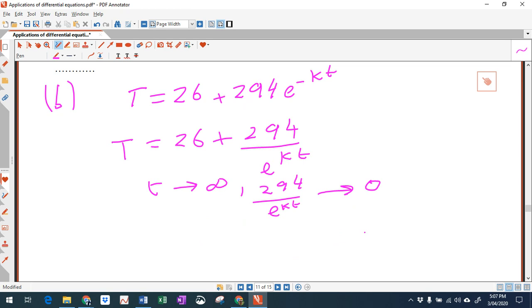So that means T will approach 26 plus 0. So that means the final temperature of the object as t approaches infinity will be T equals 26 degrees Celsius. Okay.